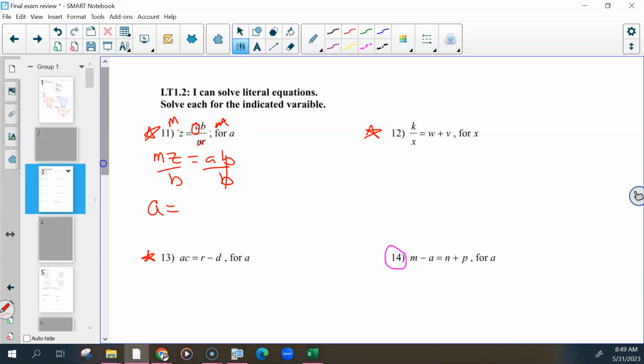So A equals MZ over B. If I had values for each variable, then I could figure out what that actually is, but I don't, so that is my equation. Questions on that before we continue?